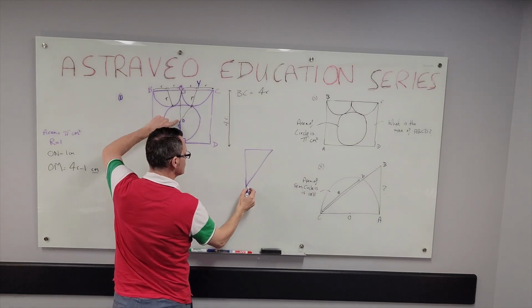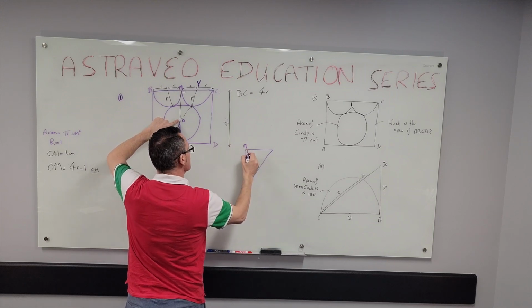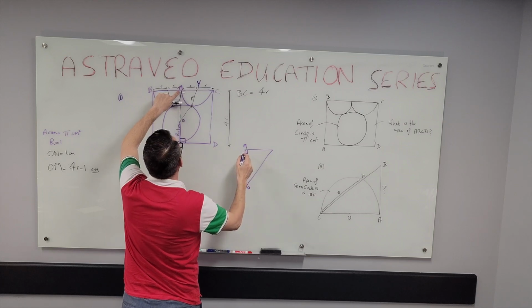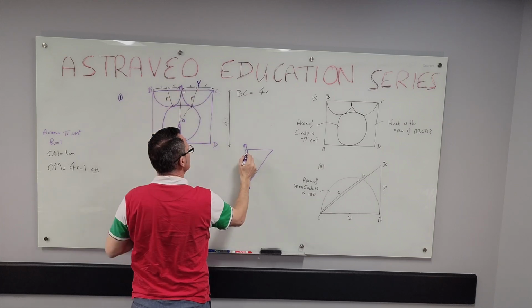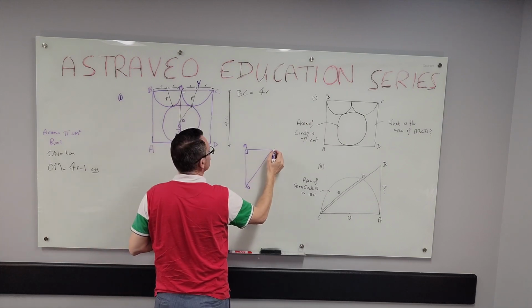Now, O is the center of this circle. M is up here. Now we know OMY must be 90 degrees because it's complementary to this angle, which is from the circle theorem.